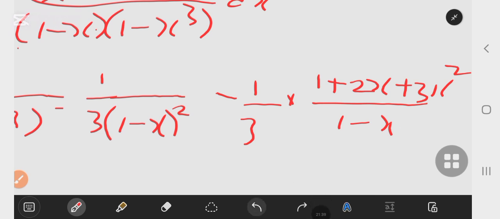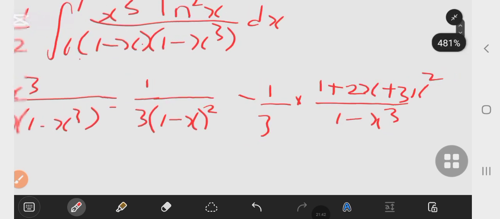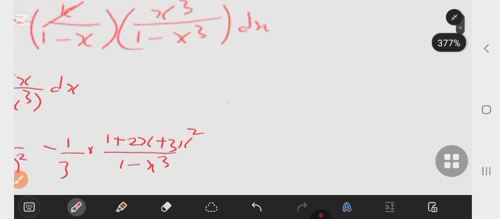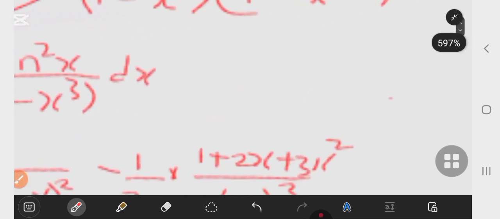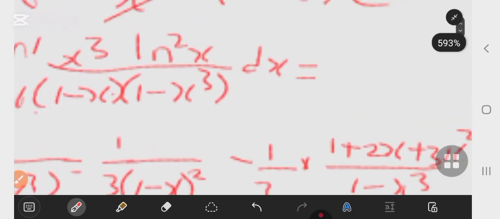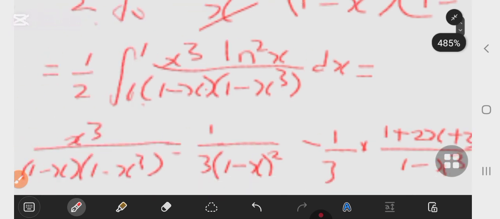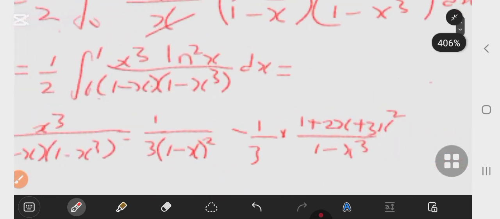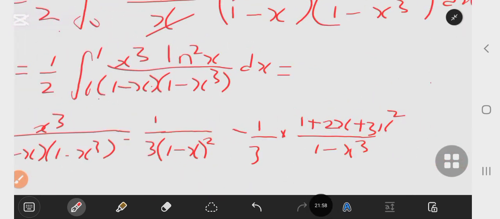Okay, so will this space be enough for all of them? Yes. So let me start with this. While decomposing this integral into partial fractions, I have that this is 2 times 3. 2 times 3 is 6, so I'll have 1 over 6 of the integral from 0 to 1.